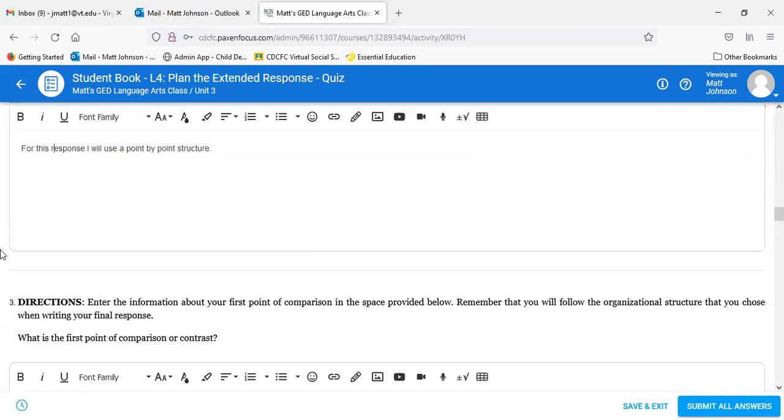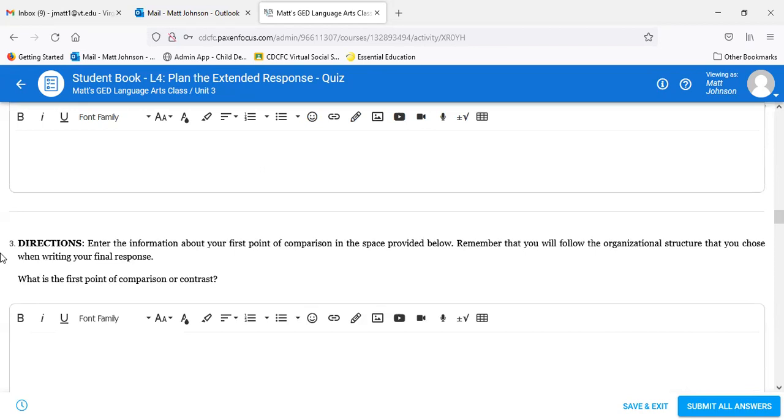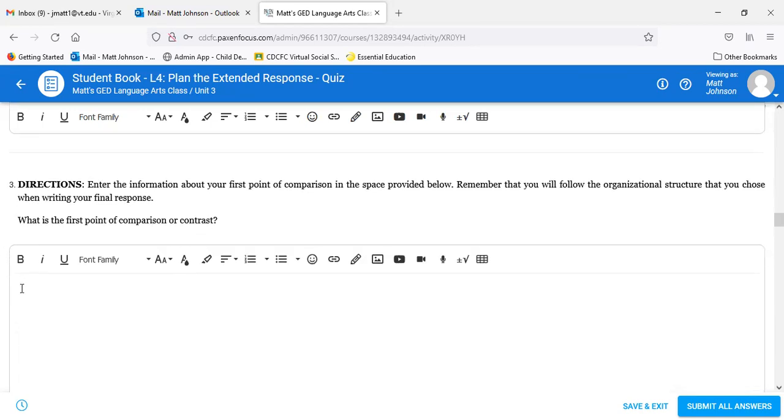So now for question 2, right? It's asking, what is the first point of comparison or contrast? I was looking at what we did in the previous lessons, and also with what we chose for those, and what the lesson actually suggests. So there's a lot of similarities there.